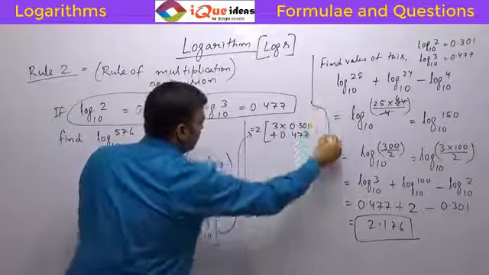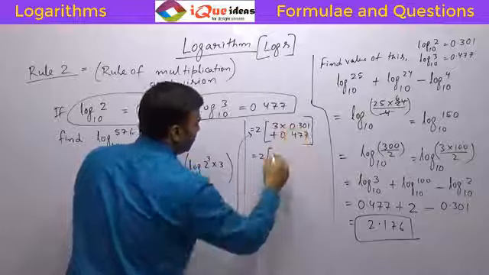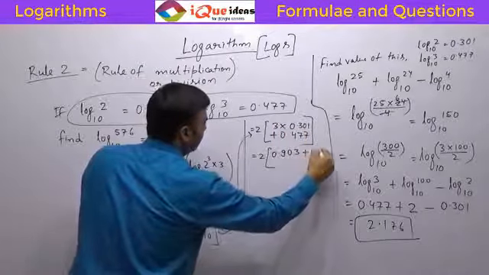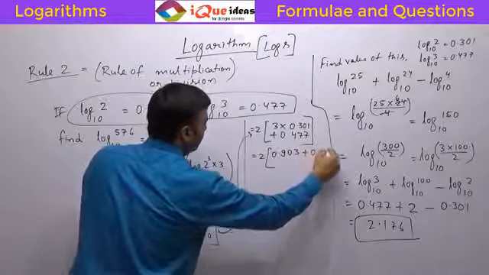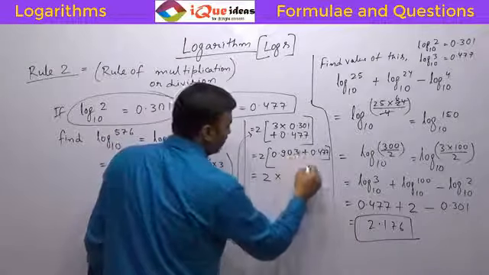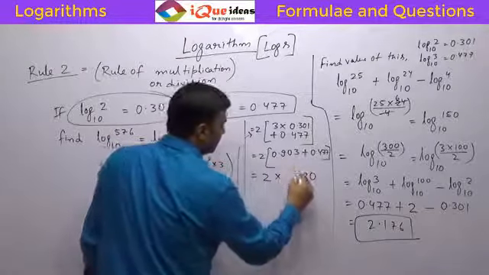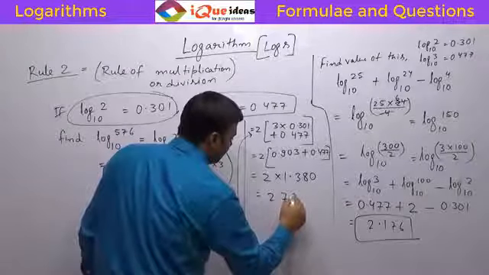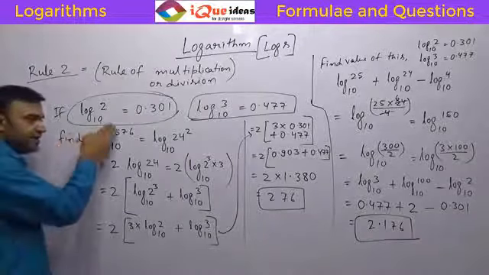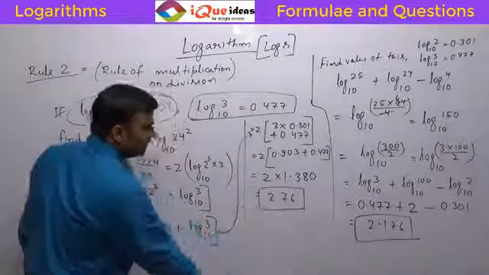So it is 2 into, now 3 into 0.301 is 0.903, plus 0.477. If you add, 3 plus 7 is 10, 0 plus 1 plus 7 is 8, 9 plus 4 is 13, so it is 1.38. So the final answer is 2 into 1.38, which is equal to 2.76. So log of 576 to the base 10 is 2.76.